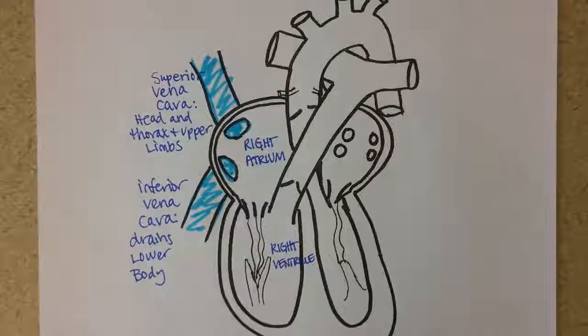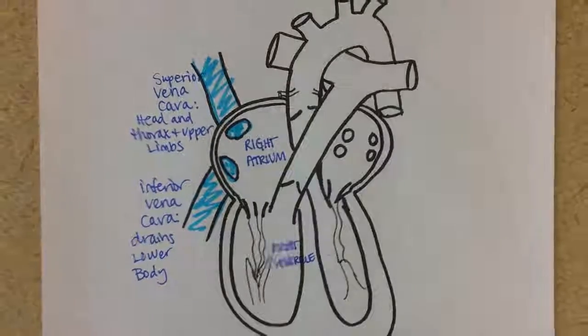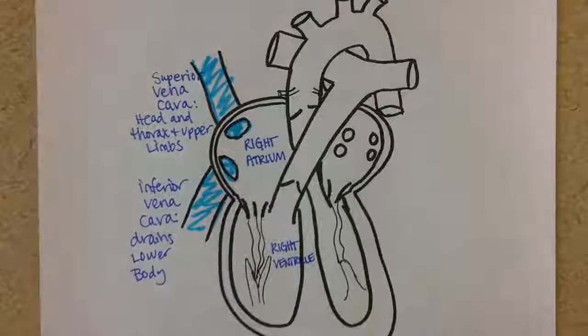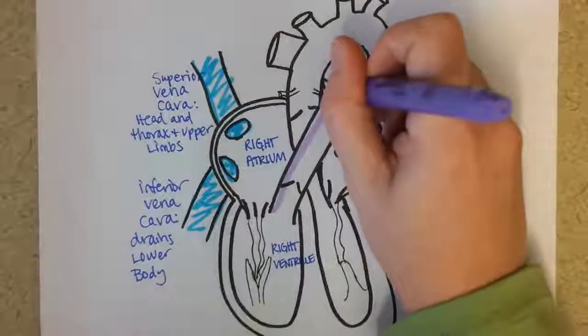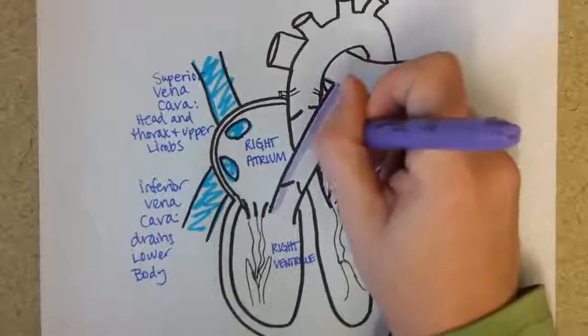When the right ventricle pumps, it pushes the blood out. We're going to use a purple highlighter here. Up and out through the pulmonary trunk and arteries.